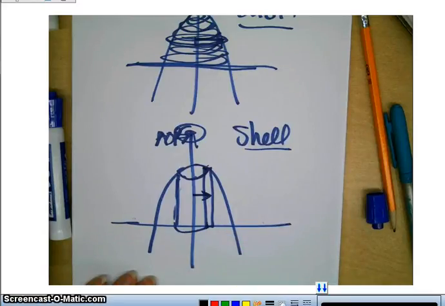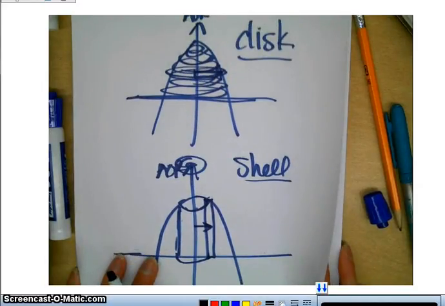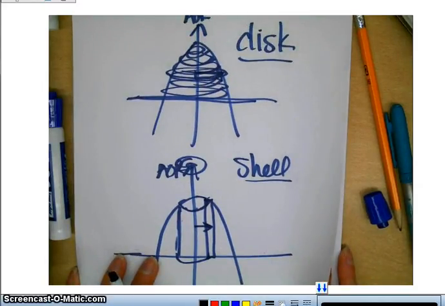So the formula that we're going to use for the shell method, these are on the top of page 468 in your book. We'll come back and we'll finish the problem, don't worry about it.